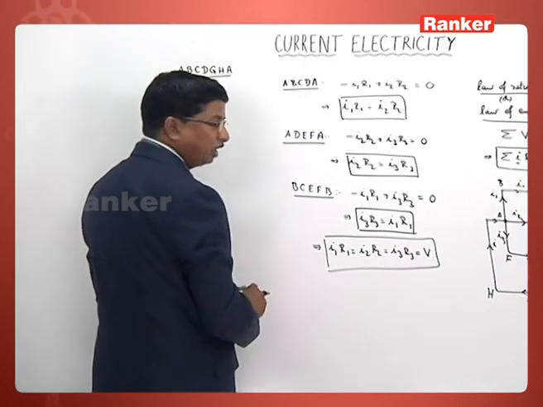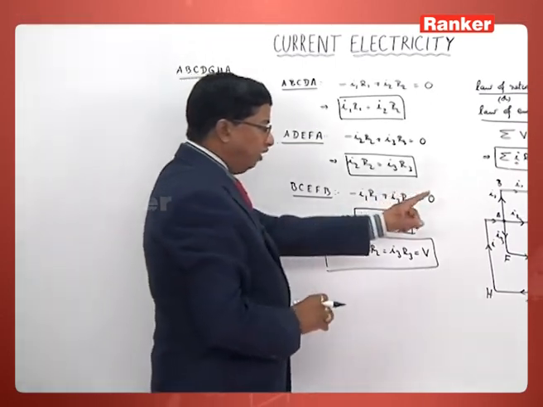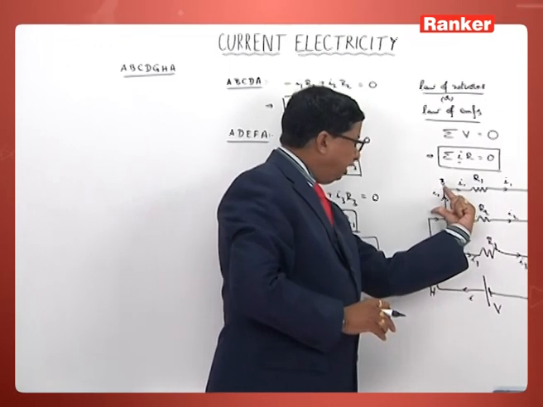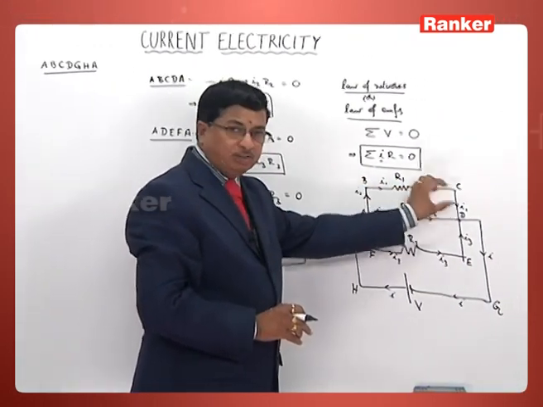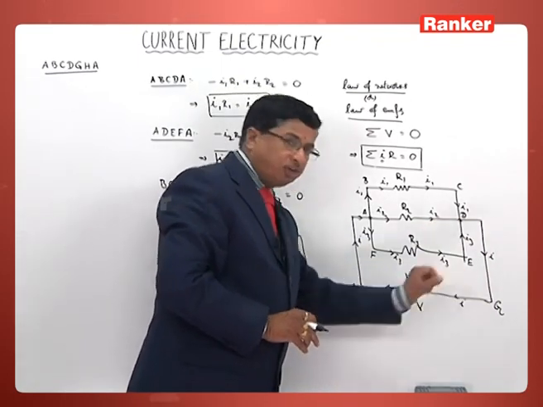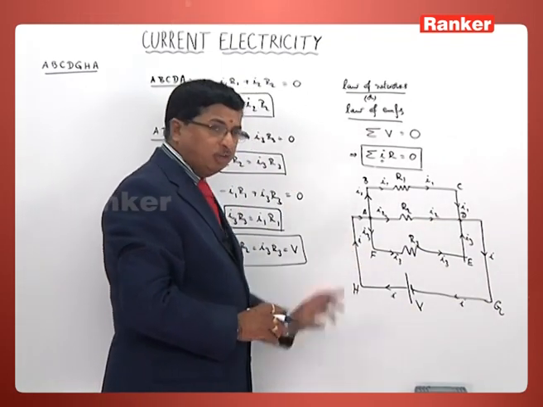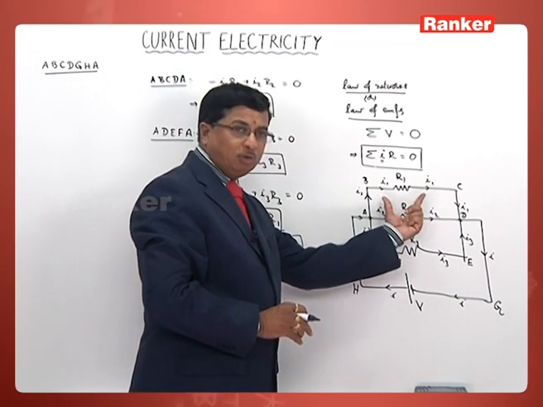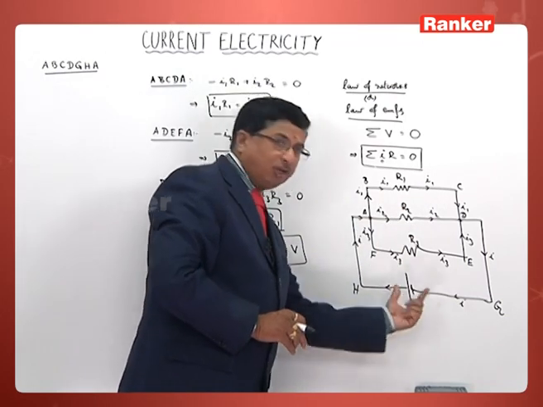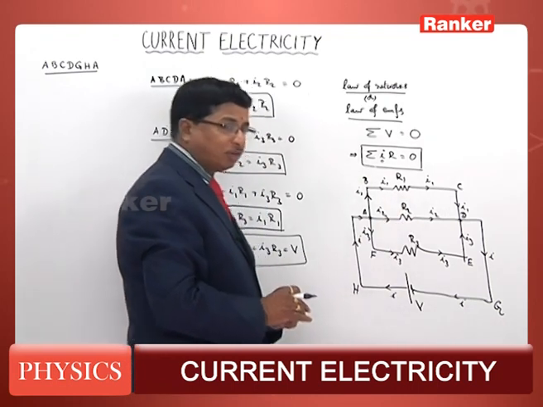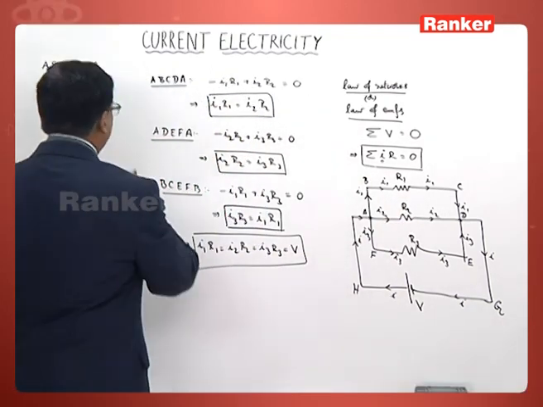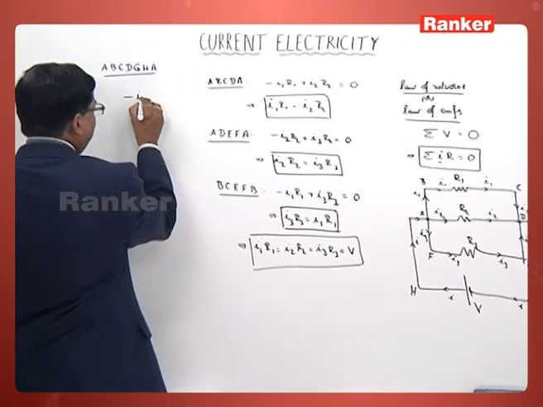This network I take. If you see carefully, in AB, value of IR will be 0. In CD 0, in DG 0, in HA 0, only here we have to calculate. Only two values. So in the first case, that is in BC, it will be minus I1 R1.